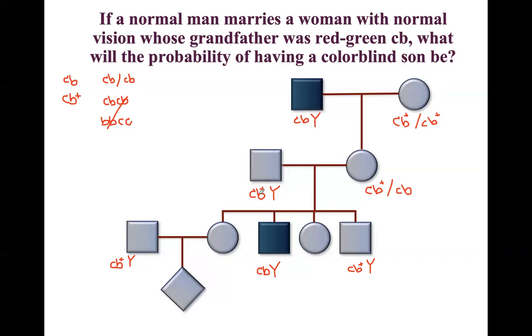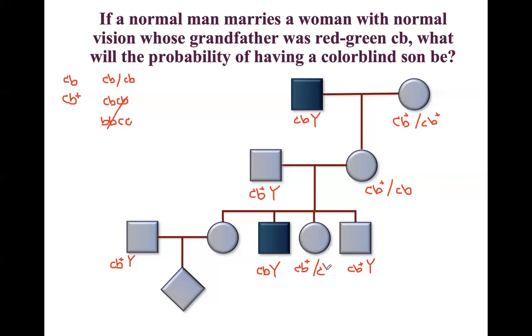Okay, let's look over here. Dad passed down the CB, couldn't pass down the Y because she is female. So this would be CB plus. That's from dad. What did mom pass down? You can do the Punnett square on this, but we don't know. Because you're a genetic counselor, what is your concern?